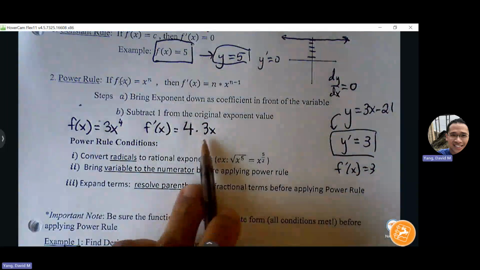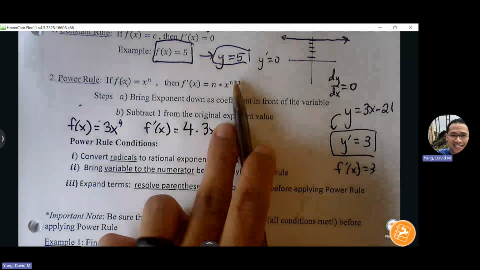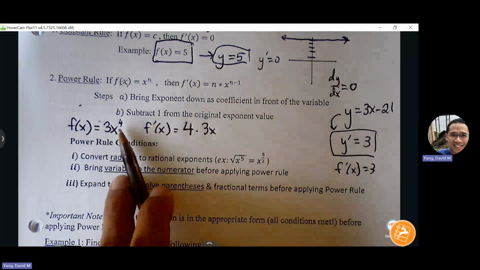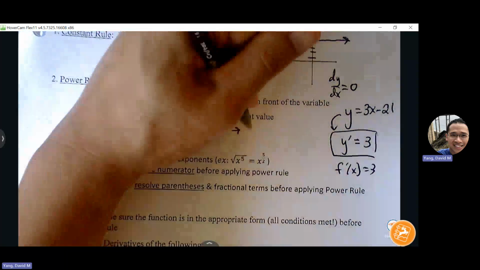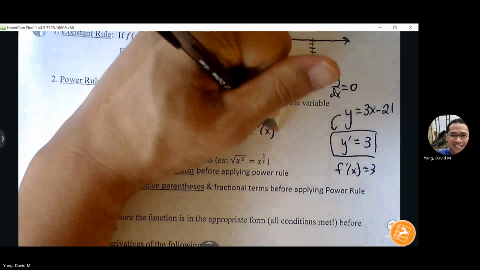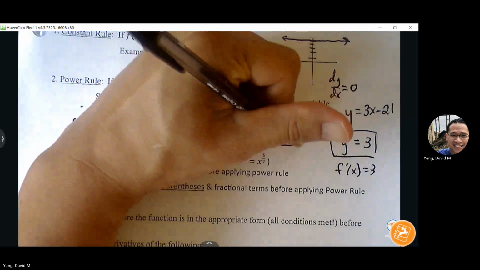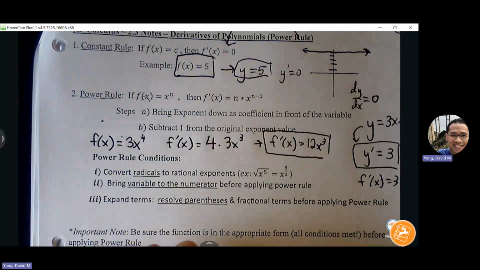Whatever is in front is going to be part of my answer. But once I bring that exponent down in front, what do I do with that remaining exponent up there? Yep. So 4 minus 1 is 3. So my derivative is simply 12x cubed.